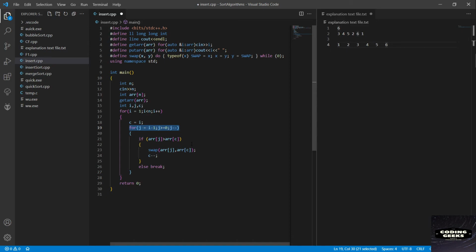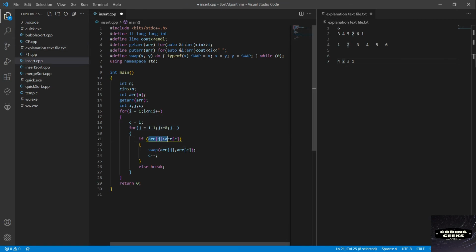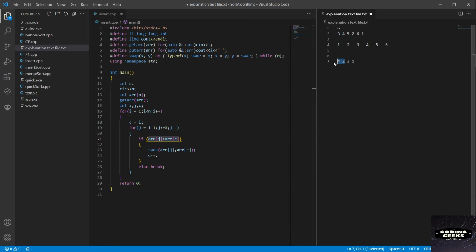Like consider this: the array is 4, 2, 3, and 1. So I want to swap these two, and when I realize that 2 and 4, the condition is met, so I'm going to swap. So this happens, and then I realize that this one is particularly not in its perfect place, so I will also put it right here.